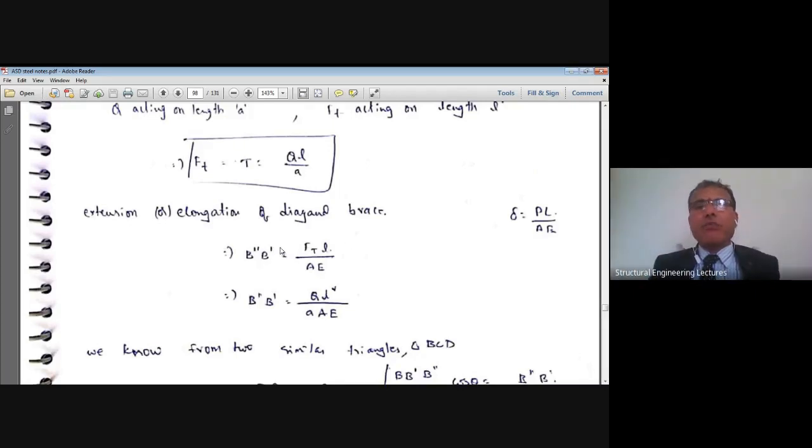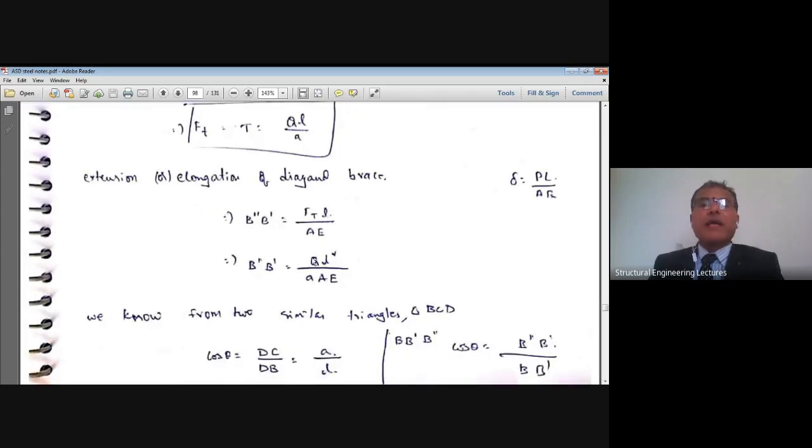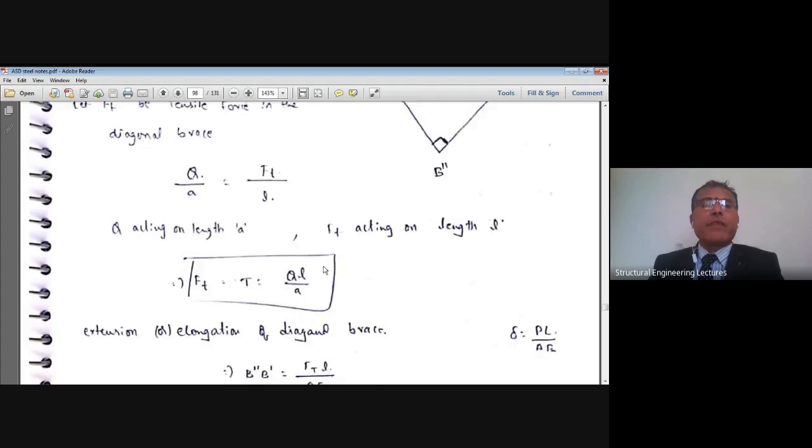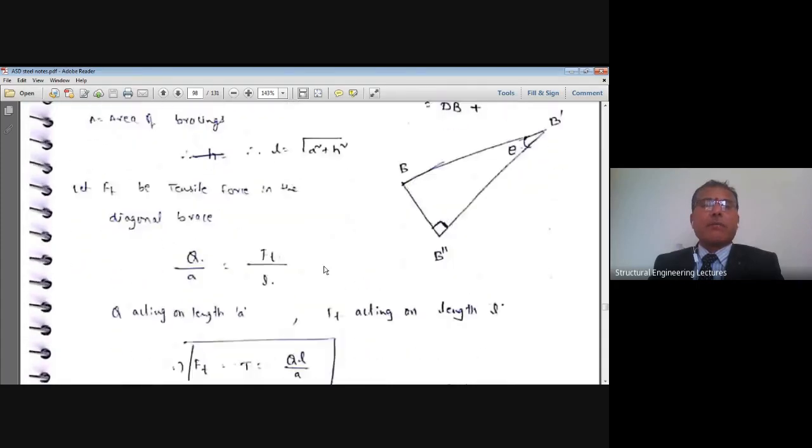Therefore, instead of P, I put the tension force and its initial length L divided by AE, where A is the area of the cross section and E is the Young's modulus. Then by substituting Ft equal to QL by A in this formula, I get B prime B double prime equal to QL square divided by small a times area times Young's modulus, where small a is the length of that horizontal bracing.